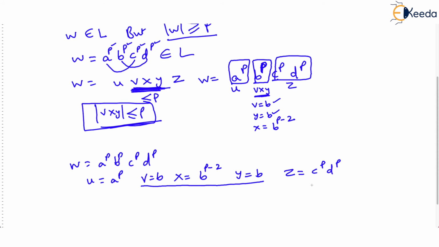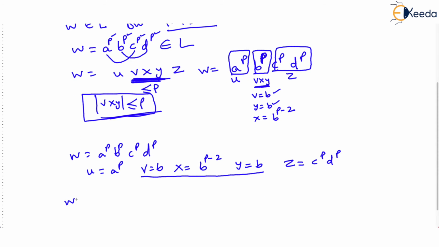Now, what if we find a new word such that it is u, v raised to i, x, y raised to i, z, where i can range from 0 to any number. Whatever new word we are constructing should be an element of L. What if it is not an element of L? Then you are arriving at a contradiction and you can say that the given language is not CFL. So what if you keep i as 2?